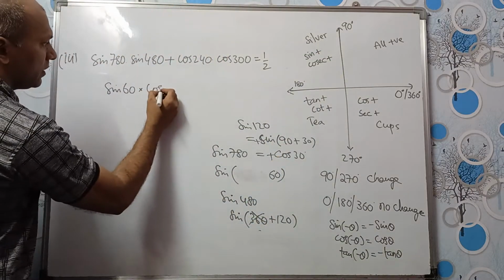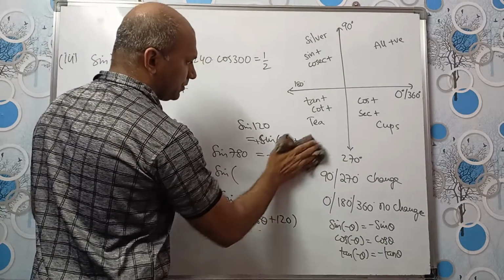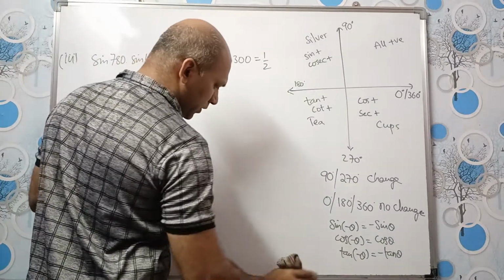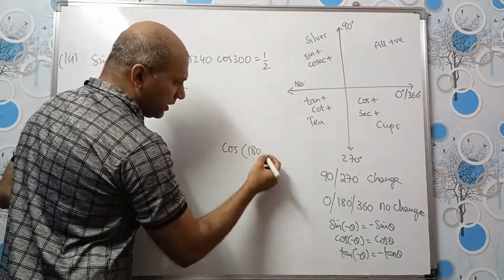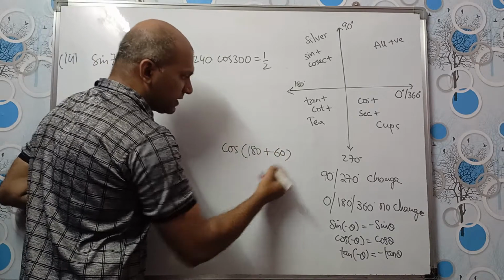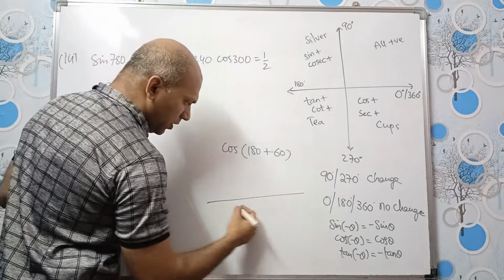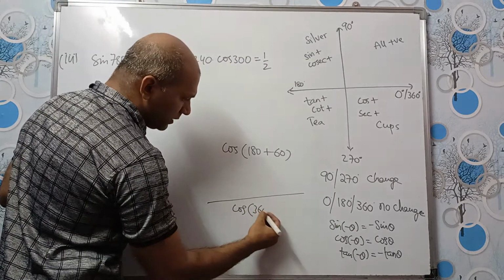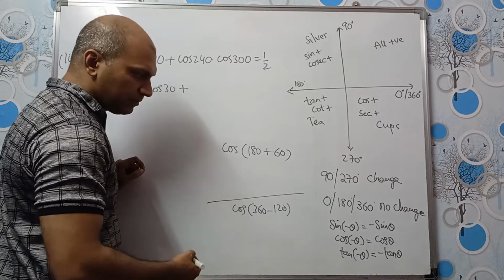So we have cos 30 plus 240. How can we write 240? See here, we can write it as 180 plus 60, right? Cos 180 plus 60, or we can also write 360 minus 120. Even this will work.